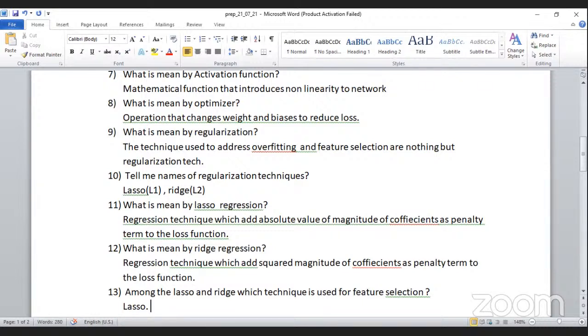Because of that, we are able to figure out which feature is contributing towards our prediction. So that is the basic reason lasso is used as a feature selection tool in some projects. Yeah, the penalty factor decides how many features are retained.